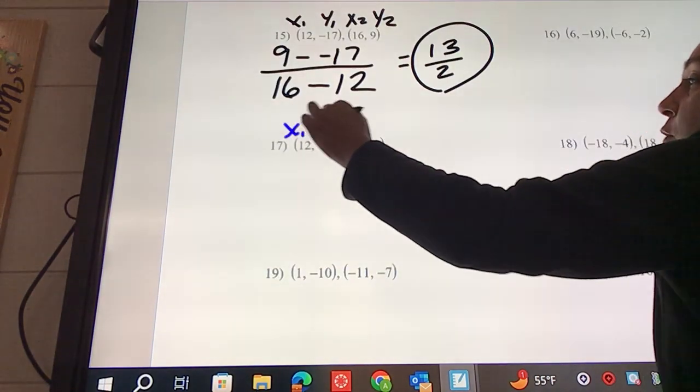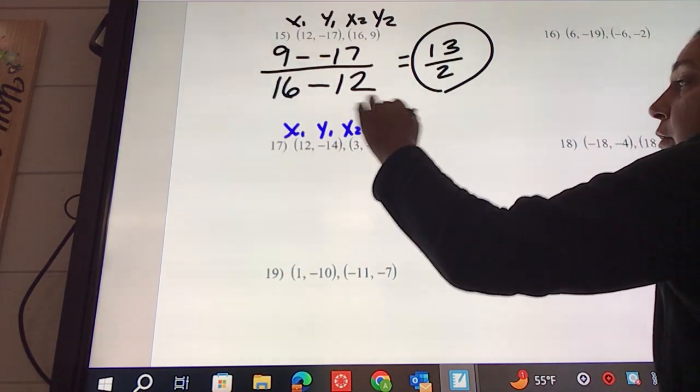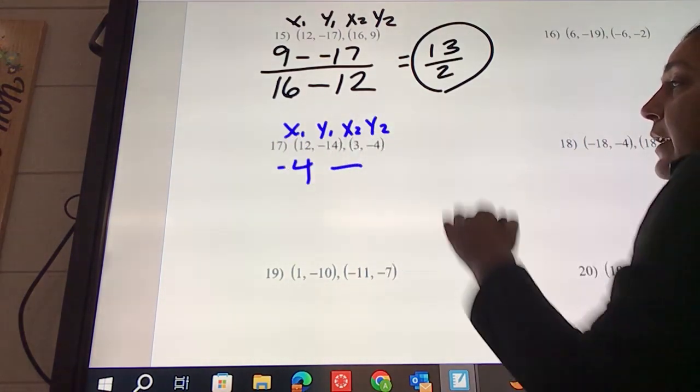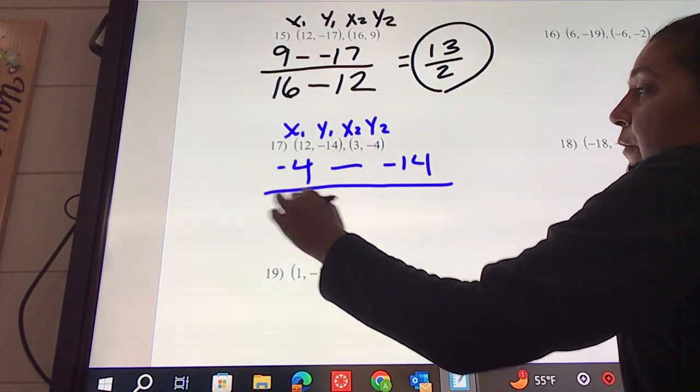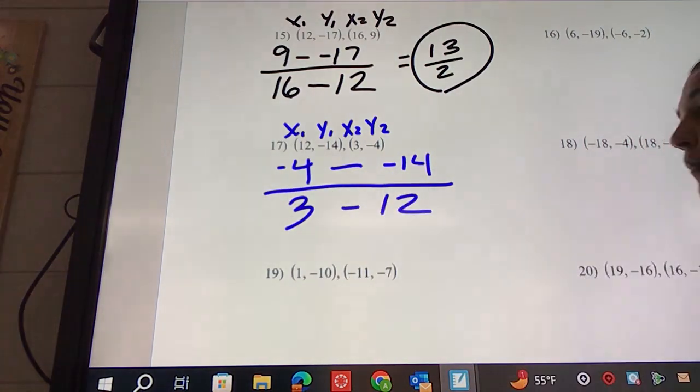Okay, I got x1, y1, x2, y2. So negative 4 minus negative 14 over 3 minus 12. Negative 10/9.